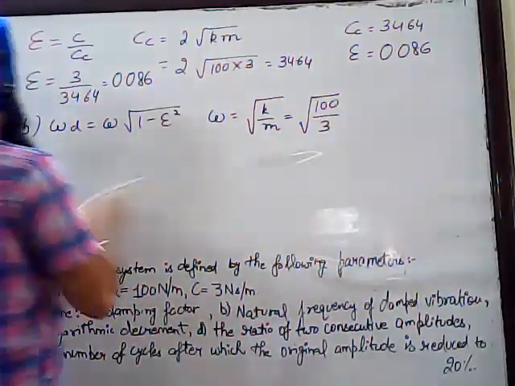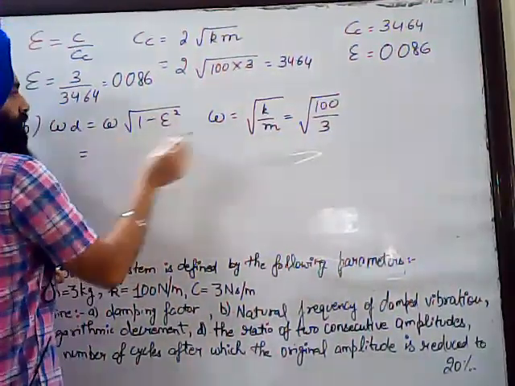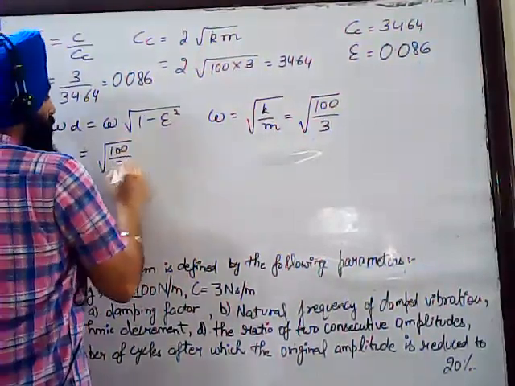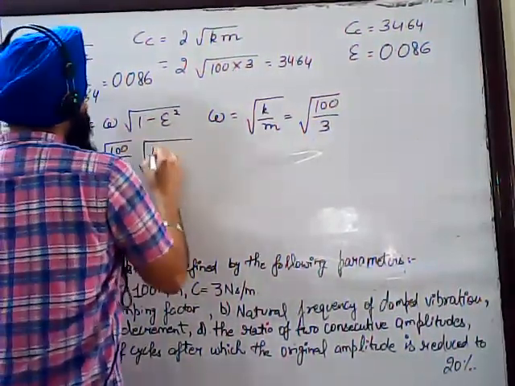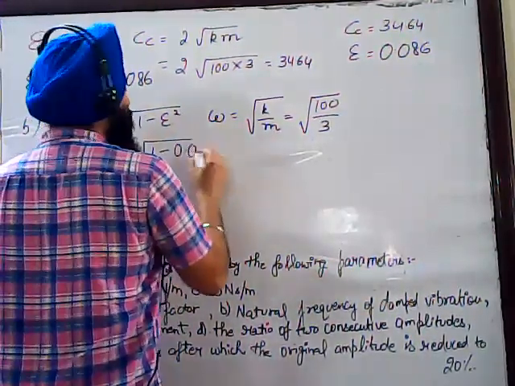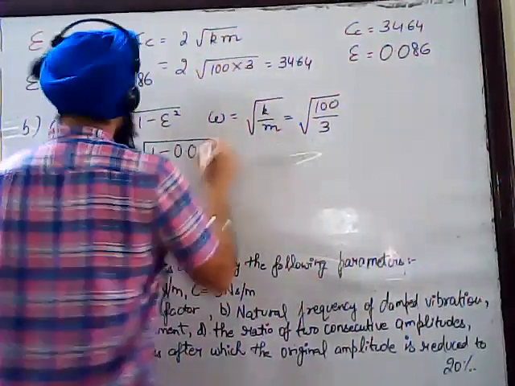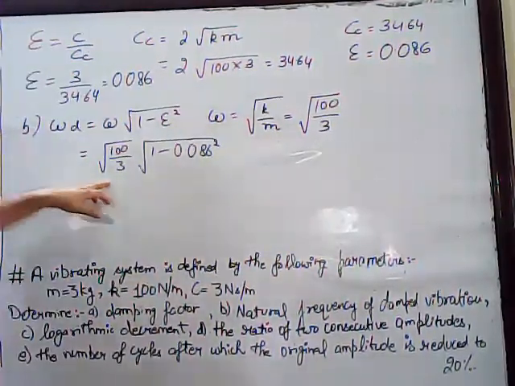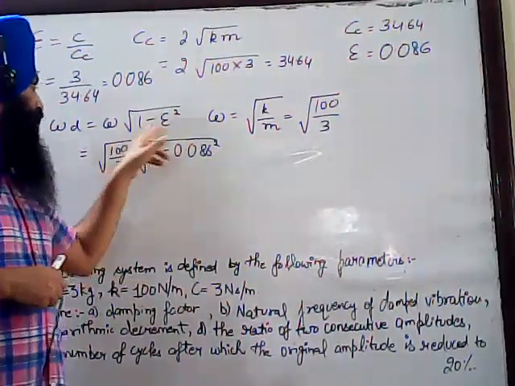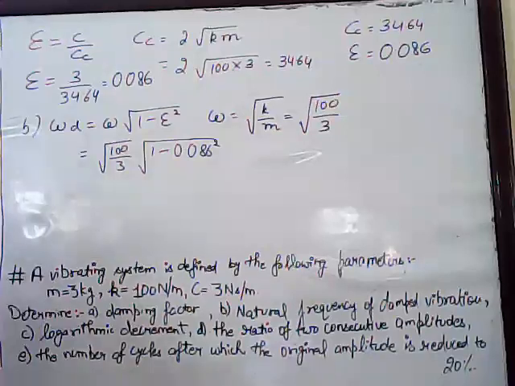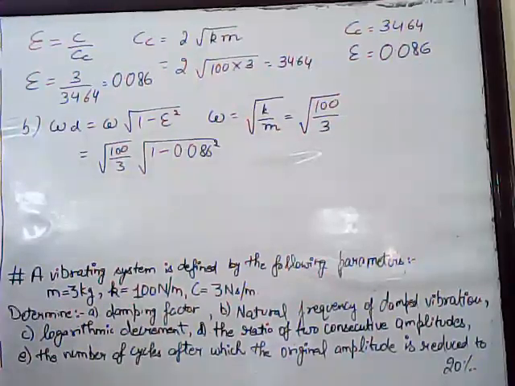Then omega d is equal to omega, under root of 100 by 3, into under root of 1 minus epsilon square. The value of epsilon is 0.086 square. So 1 minus 0.086 square.